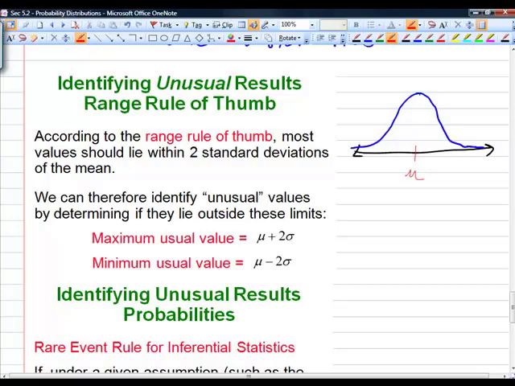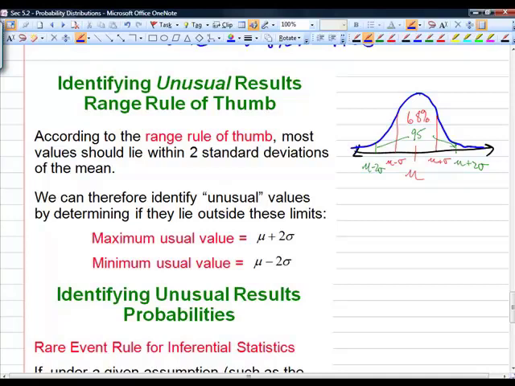If we go out 1 standard deviation, what percentage of our data lies within 1 standard deviation of the mean? 68. If we go out 2 standard deviations, there's the mean minus 2 standard deviations and the mean plus 2 standard deviations. What percentage of our data lies within 2 standard deviations of the mean? 95.